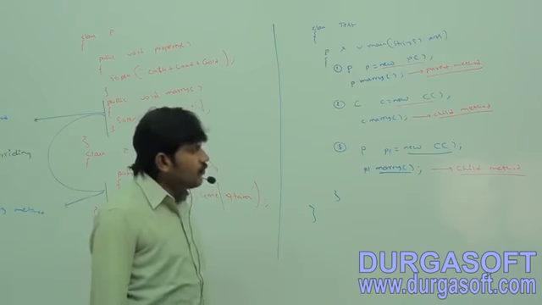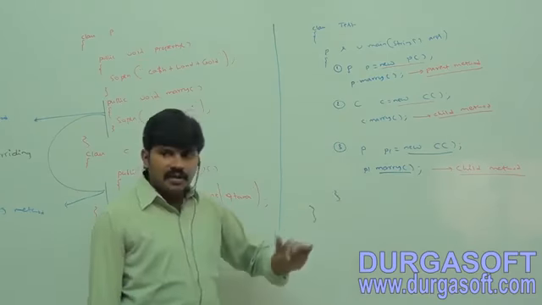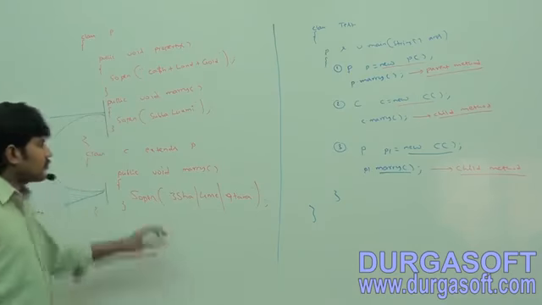Until runtime, we don't know which method is going to execute. That's why method binding will happen lately at runtime. That's why late binding. That's all.